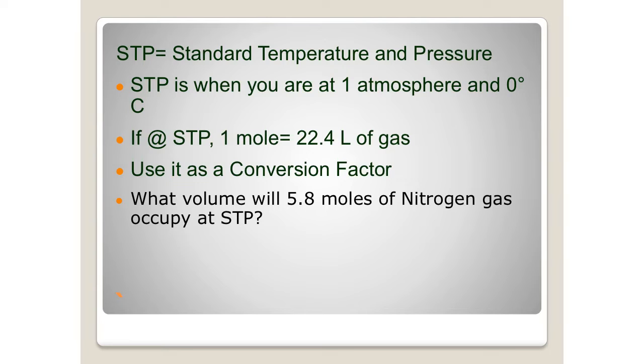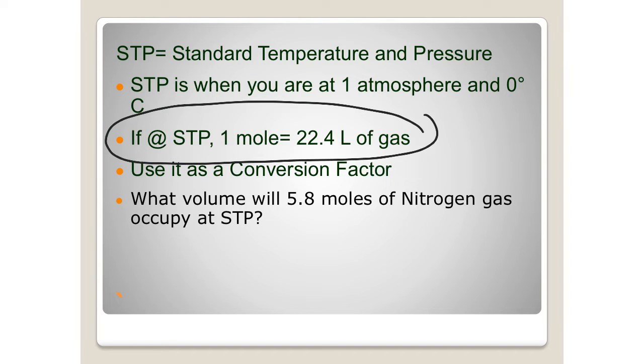So here's an example of a question. What volume will 5.8 moles of nitrogen gas occupy at STP? When we're at STP, we can use this as a conversion factor, just like we've been doing this whole time. Anytime you do a conversion, you start by writing down the number and the unit of what you have.